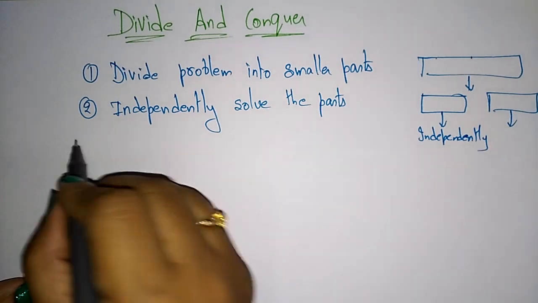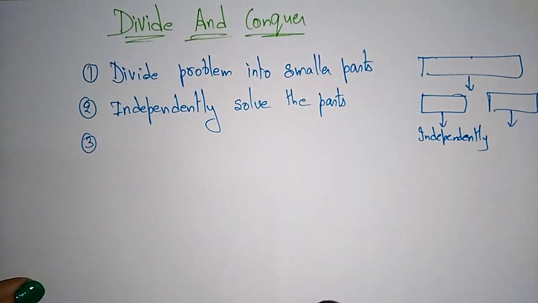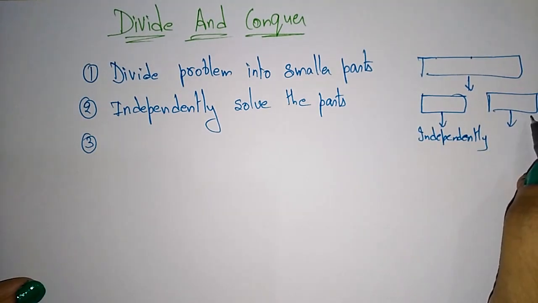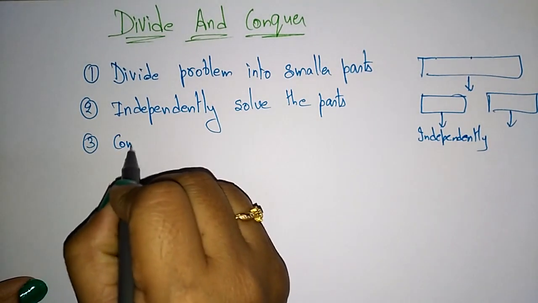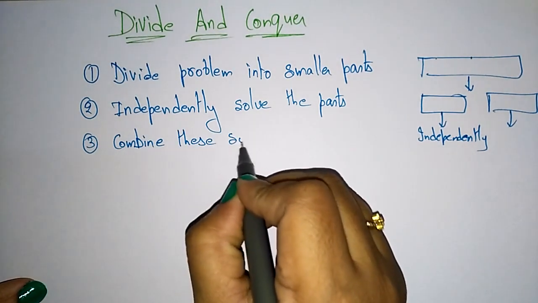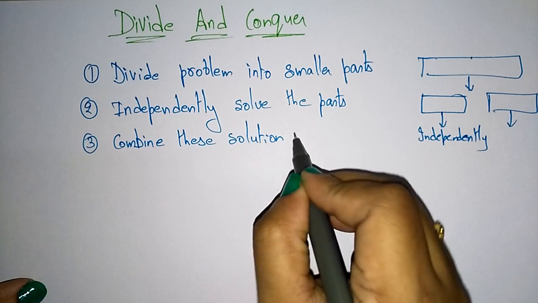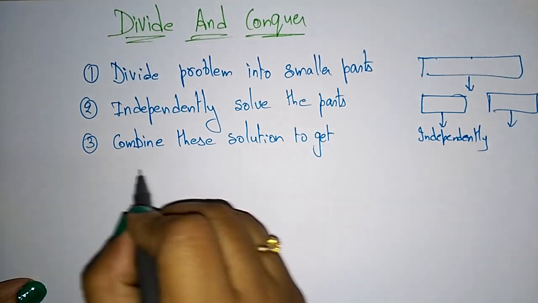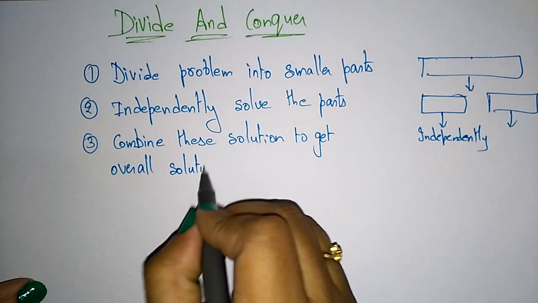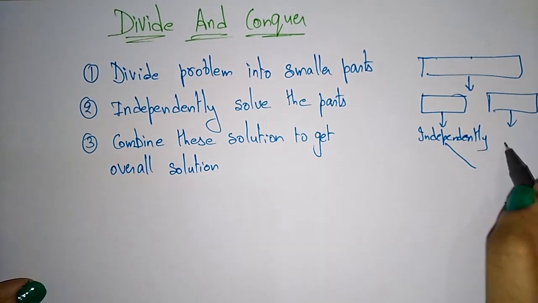After solving independently, you will get the solution for each independent part. Then combine these solutions to get the overall solution. That is the strategy you have to follow in divide and conquer.